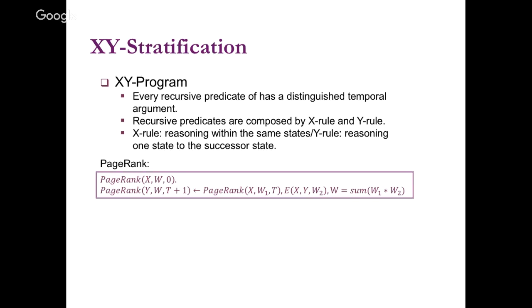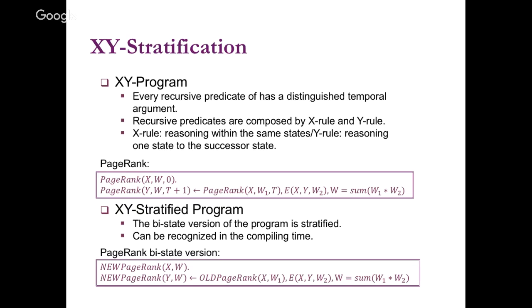In the theory of Datalog non-monotonic reasoning, there is a kind of program called XY program. And the XY program whose bi-state version is stratified is called an XY-stratified program.